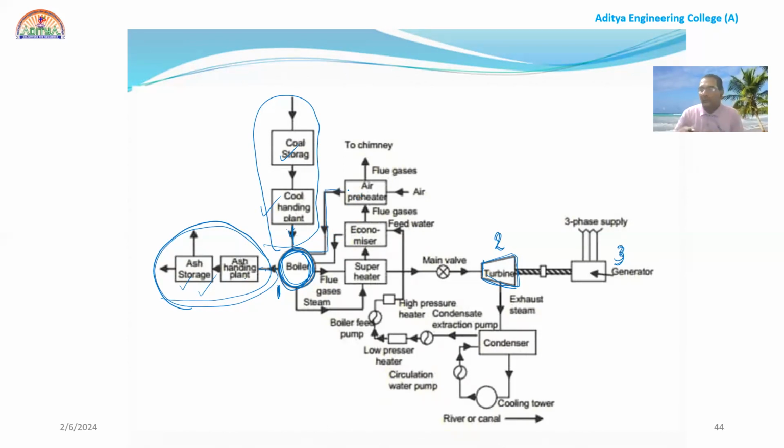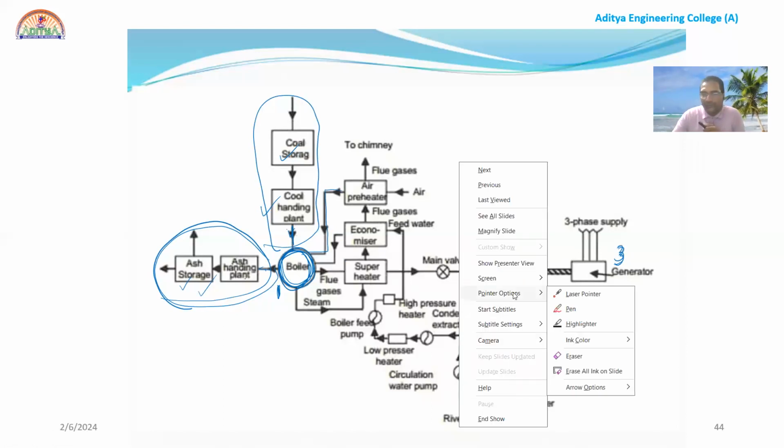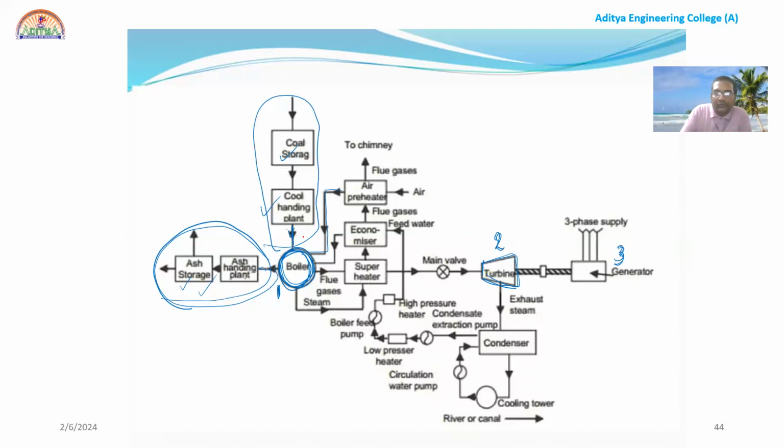One minute, I will change the color so that you can understand easily. Once the coal is fed inside the boiler, I need to supply hot water, sorry, hot air. Now you see, this is the air. Air goes through the air preheater and enters the boiler.